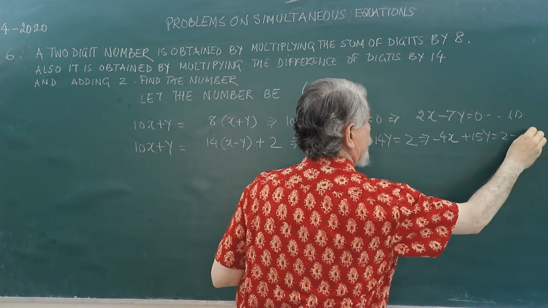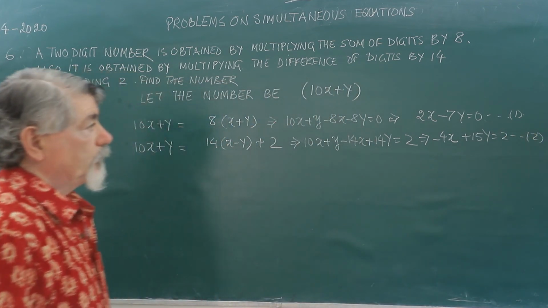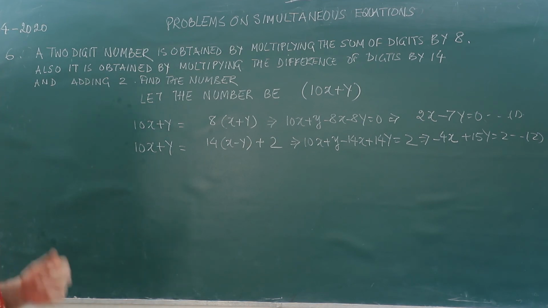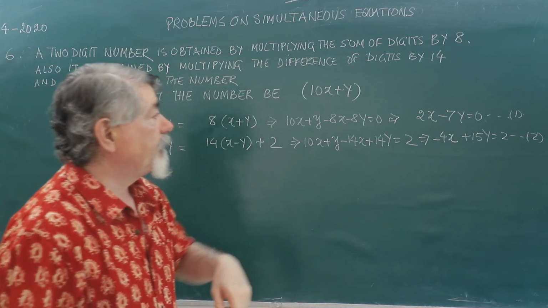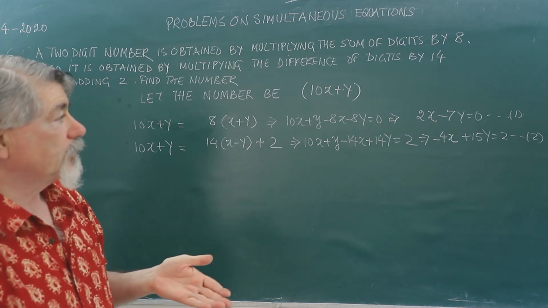Equation 2. Equation 1 is 2x minus 7y is equal to 0, and equation 2 is minus 4x plus 15y is equal to 2.